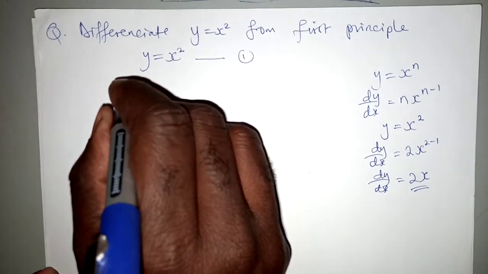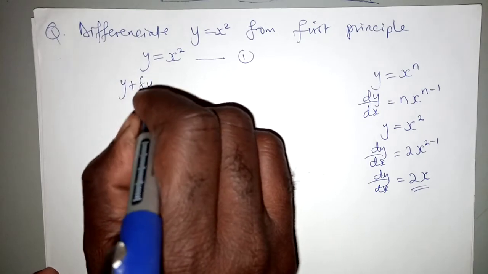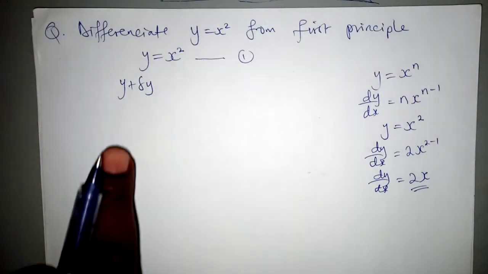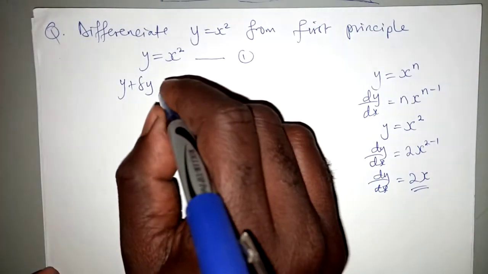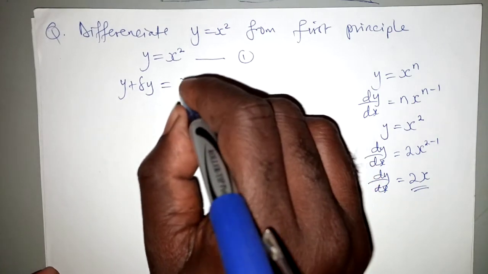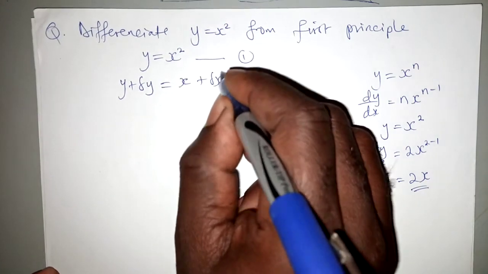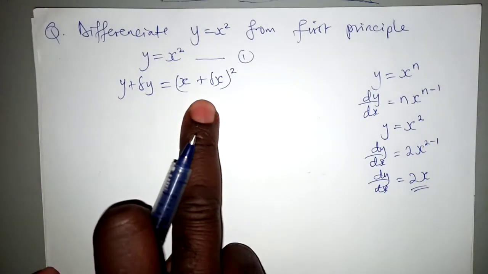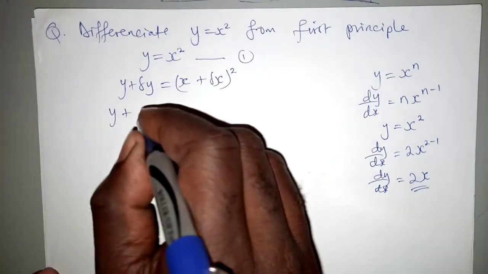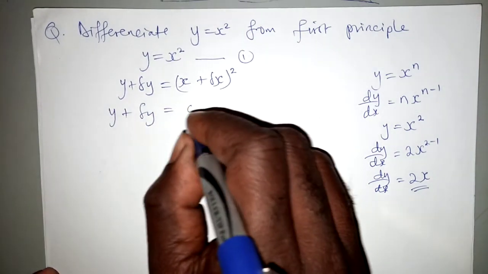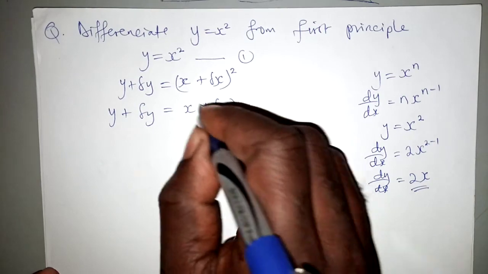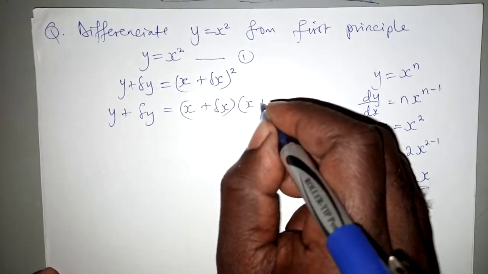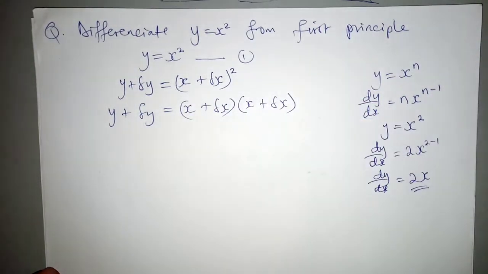So we have y plus increment in y, which is delta y, is equal to x plus increment in x, everything squared. Let's try to expand this bracket. So we have y plus delta y is equal to x plus delta x multiplied by x plus delta x.